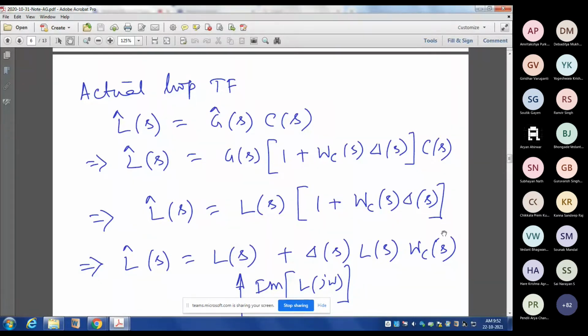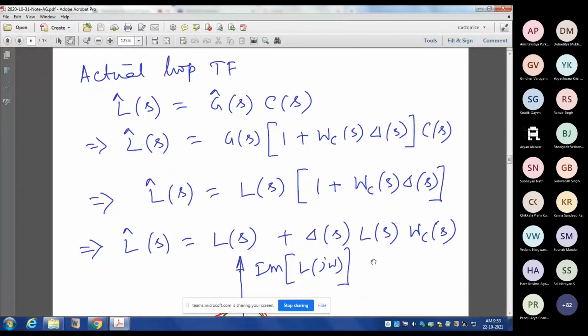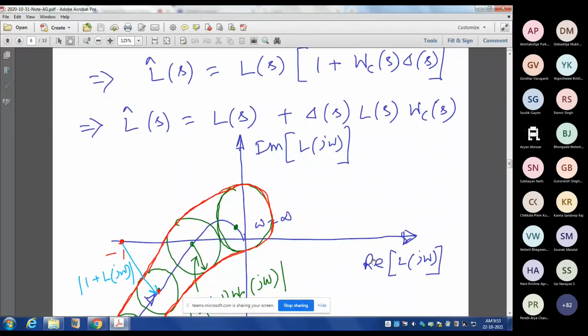The magnitude is less than or equal to the mod of this into the mod of this. Now the mod of delta(j omega) is less than or equal to 1. That's why the mod of delta(j omega) into L(j omega) into W(j omega) is less than or equal to the mod of W(j omega) into L(j omega). I think I have written that somewhere. Yeah, that is the concept.